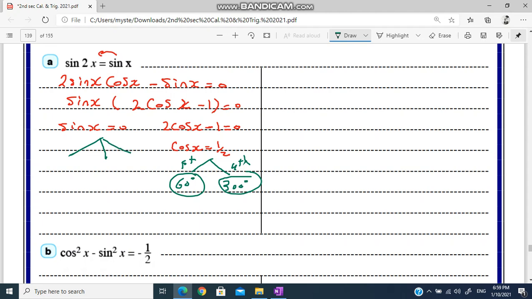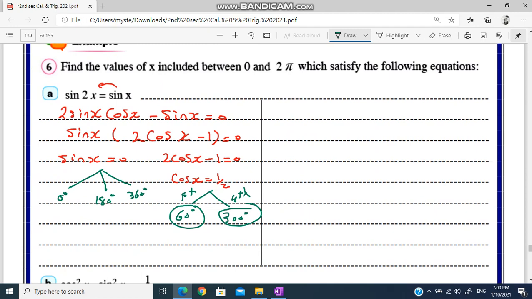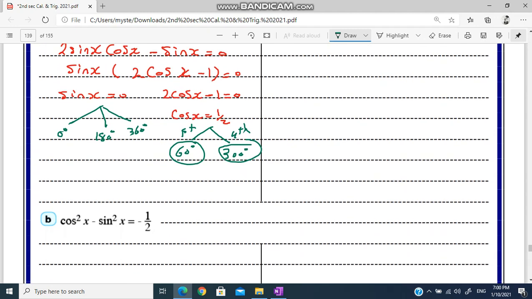Shift sine to 0 equals 0 and 180 and 360. The interval here is between 0 and 2π, so 0 is refused and 360 is refused, so x will be 180. So the solution set will be 180 and 60 and 300.